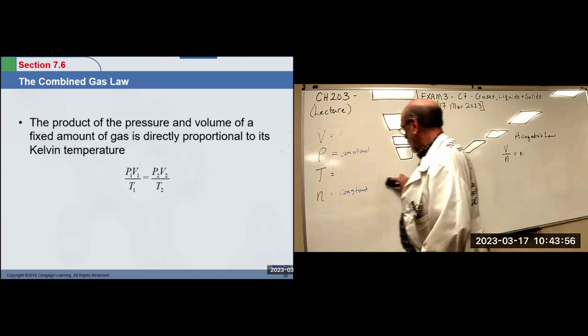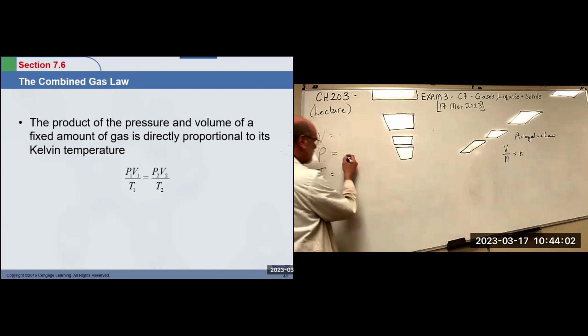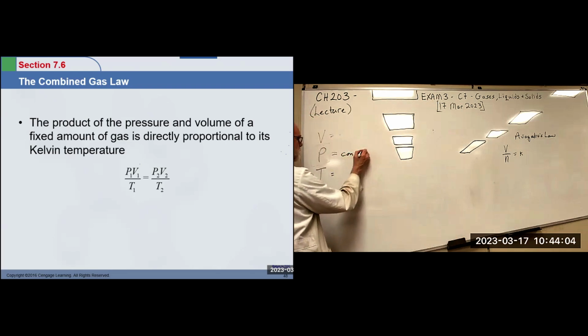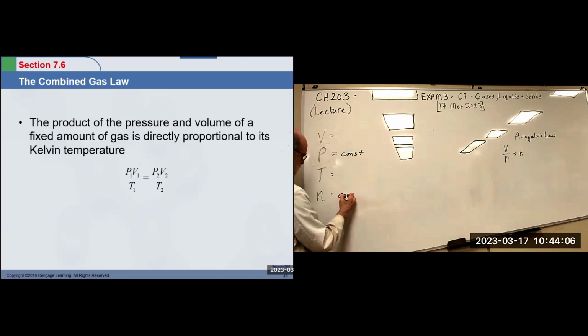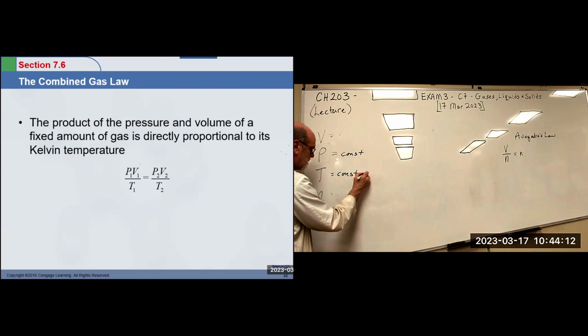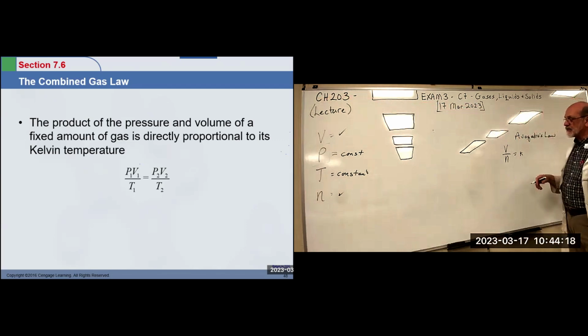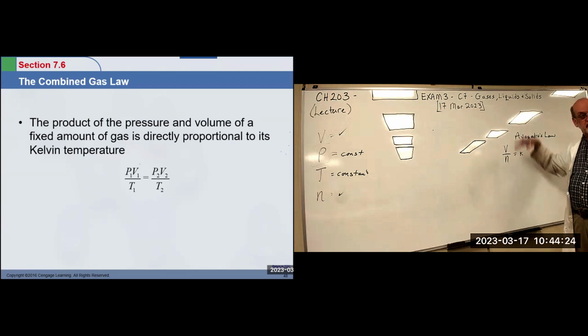So in order for that one to work, temperature and pressure have to be constant, to let this one vary with that one. And that just says, if you've got a gas with the temperature constant and the pressure constant, and you put more gas in it, then the volume is going to increase.